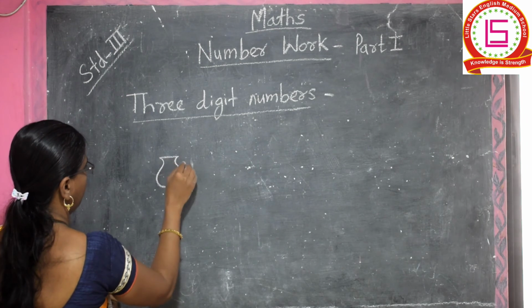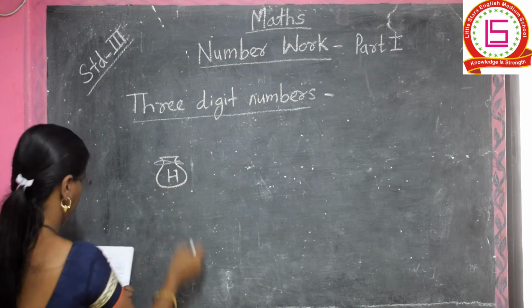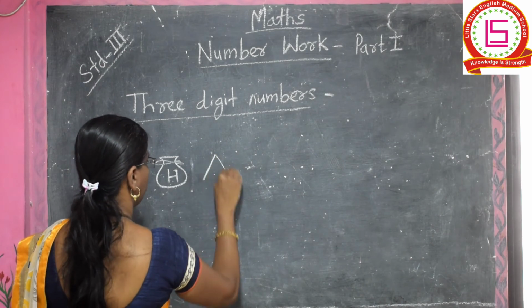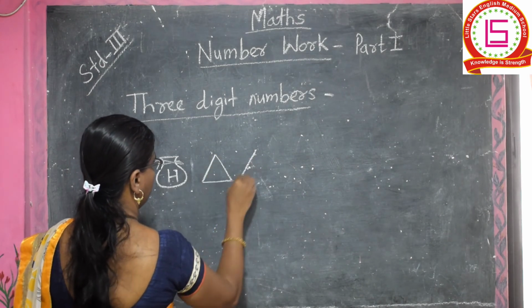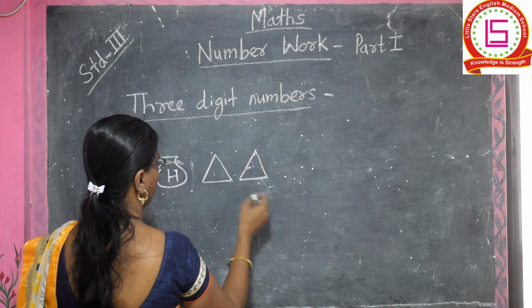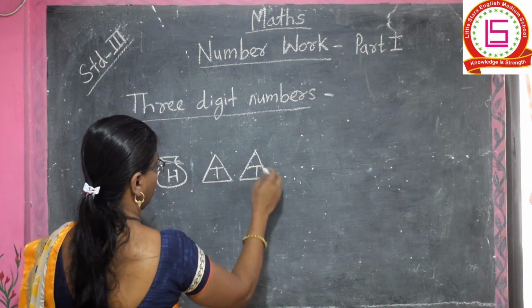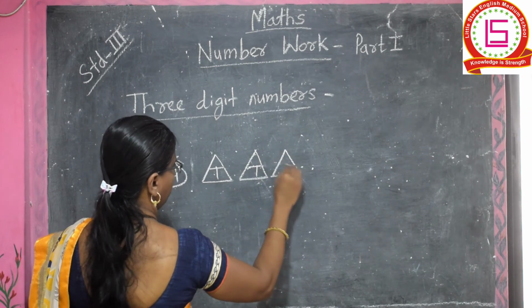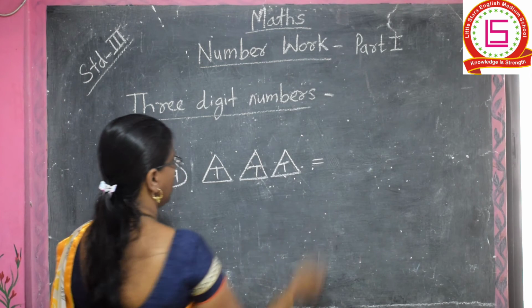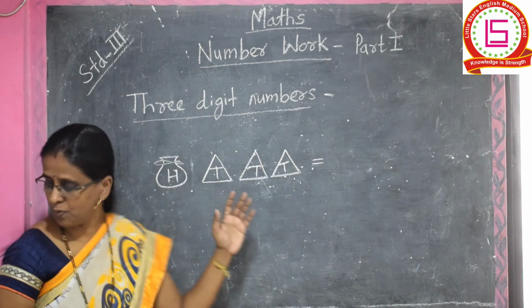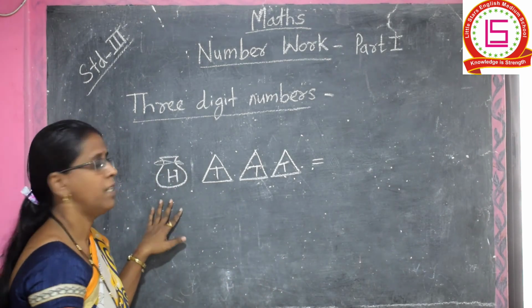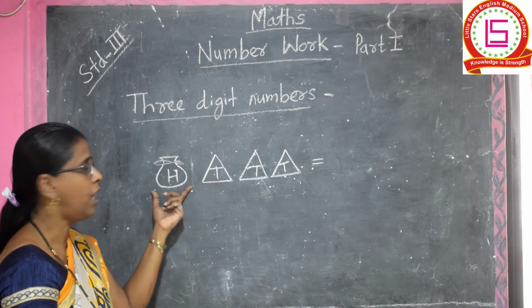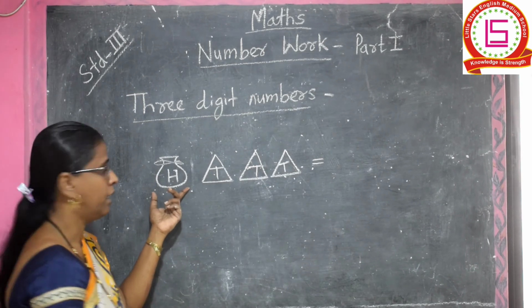Then see here, the second example. Tell me, this symbol indicates which number? See here, first we see the 100. How many hundreds here? 1.